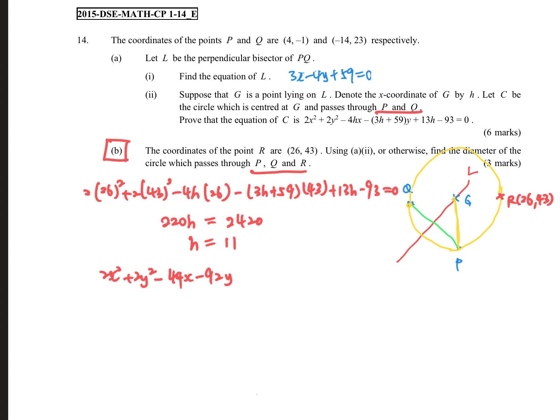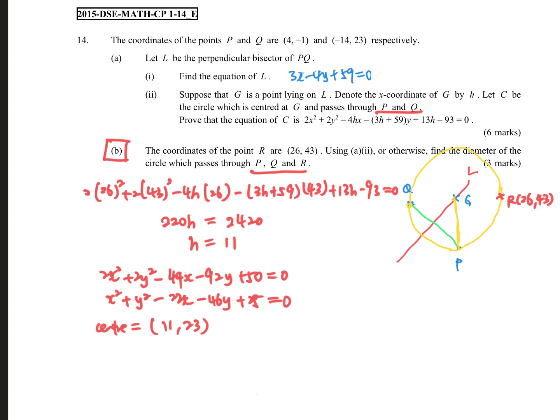And then 13 times 11 minus 93, so plus 50. So this is the equation of the circle. Then the center would be negative 22 divided by negative 2, which is 11, and then negative 46 divided by negative 2, which is 23.